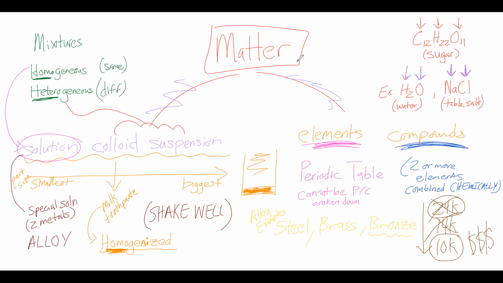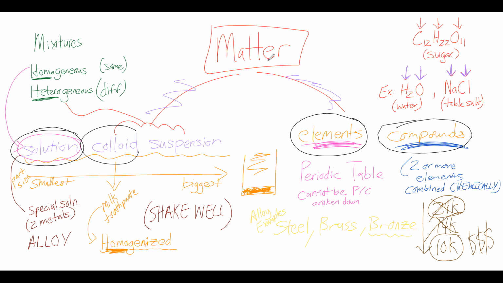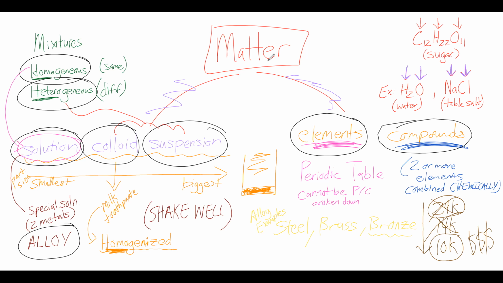All right, real quick, here's what you need to know. You need to know these vocab words: element, compound, solution, colloid, suspension, homogeneous, heterogeneous. This is a very vocab heavy one, okay? Alloy, all right?